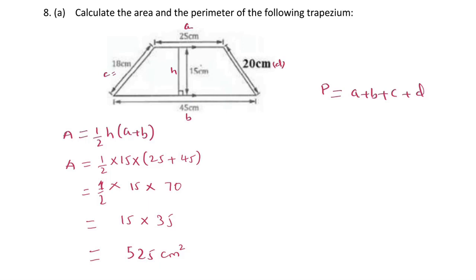Let us now substitute these values. Then we are having 25 plus 45 plus 18 plus 20, of which, after solving the values, we are having perimeter equals to 108 centimeters. And those are going to be our answers.